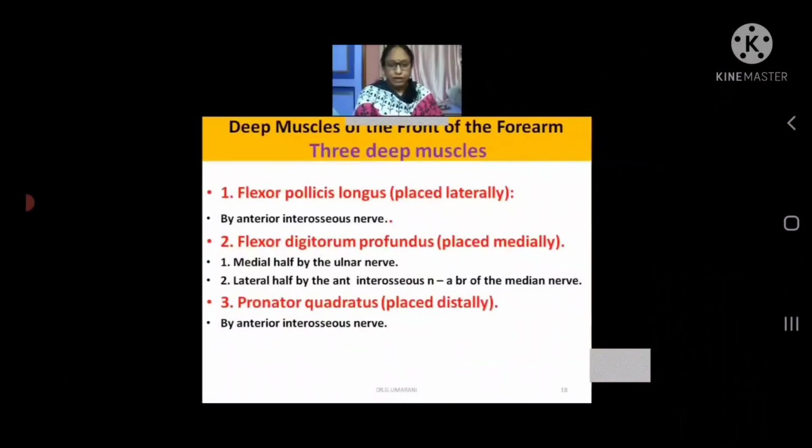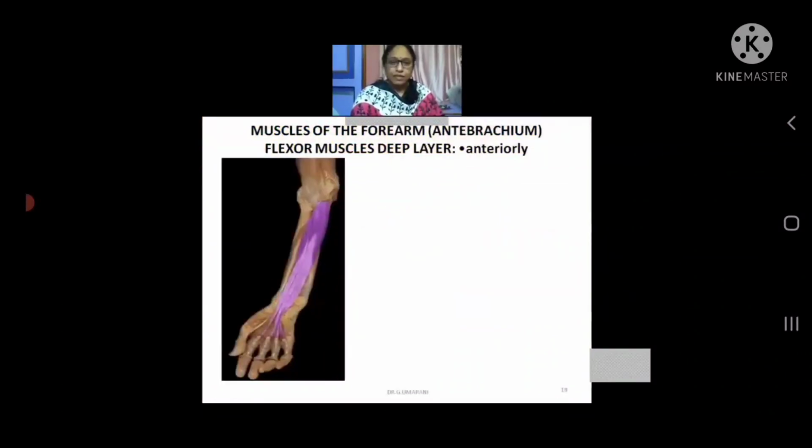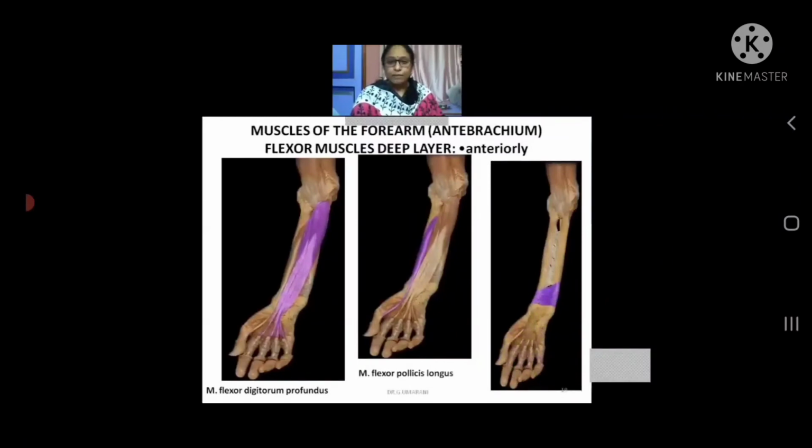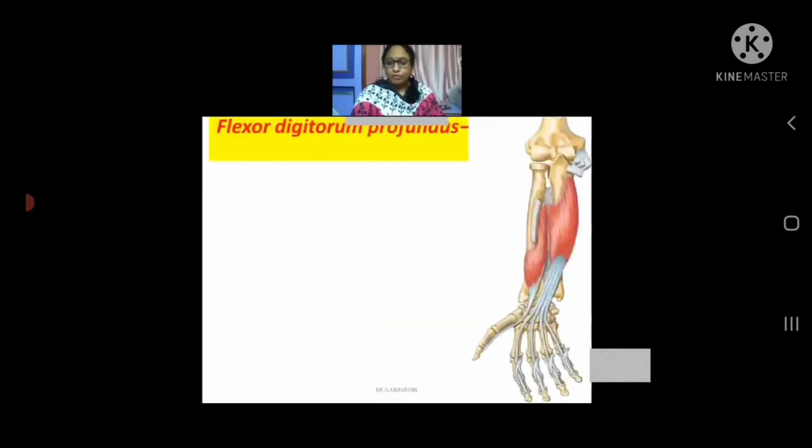Then pronator quadratus, which is supplied by the anterior interosseous nerve. So these are the three deep muscles: the flexor digitorum profundus, the flexor pollicis longus, which goes to the great thumb, and the pronator quadratus. These are all muscles of the deep layer.